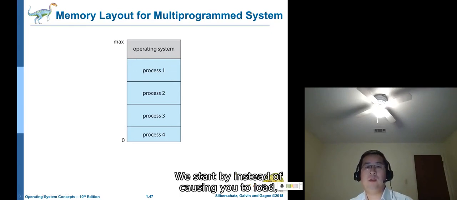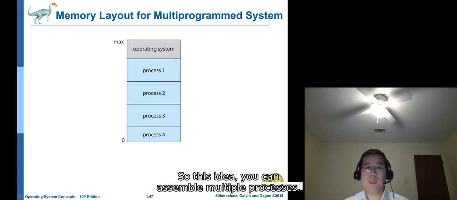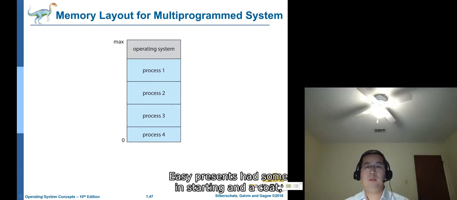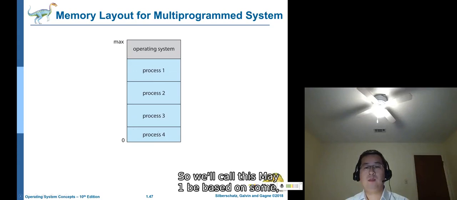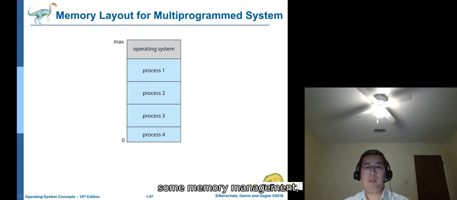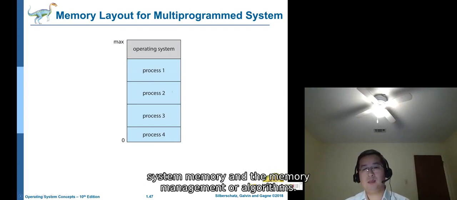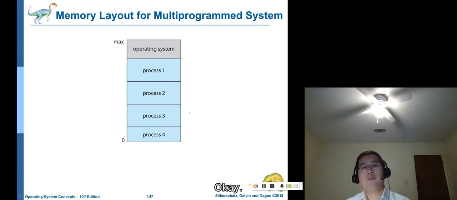Of course, they need to be loaded into memory, then it can run. So that's the idea. You can assemble multiple processes. Each process has some instructions and code, but not all of them are loaded, and then allocated. Of course, this may be based on some memory management algorithms.